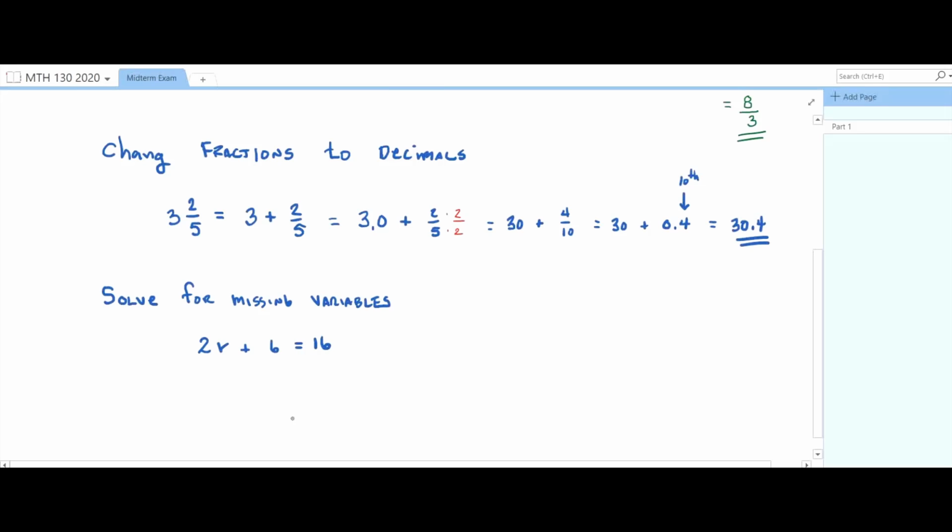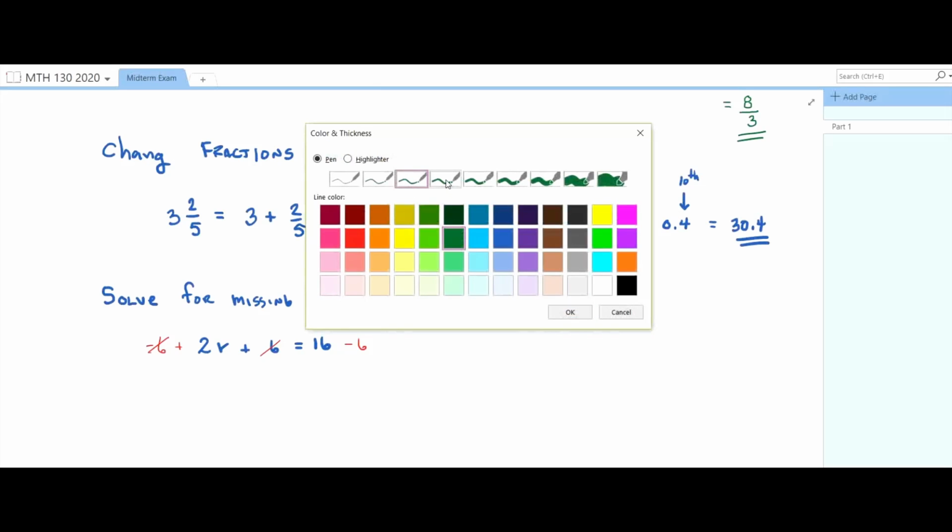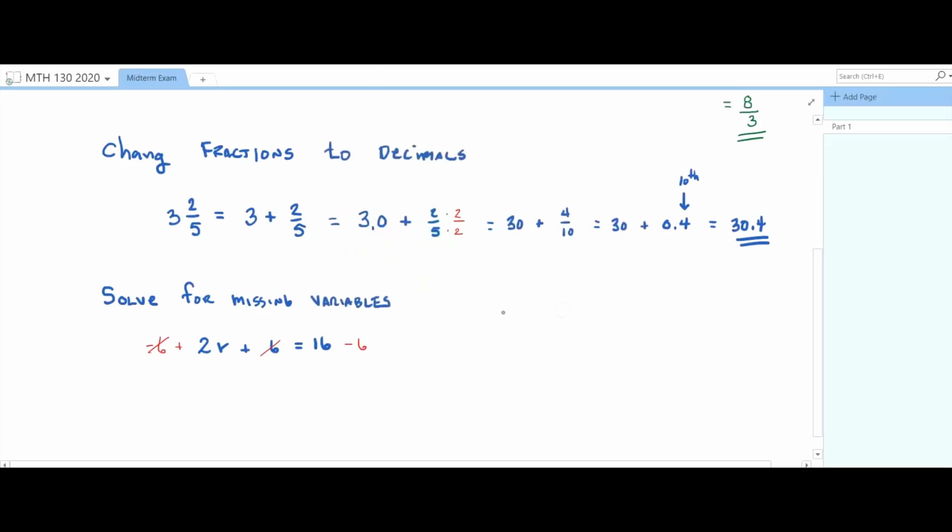That's the variable missing. So one way we can do that is we can subtract 6 off of both sides, and that means these will cancel. And I'm left over here with 10.